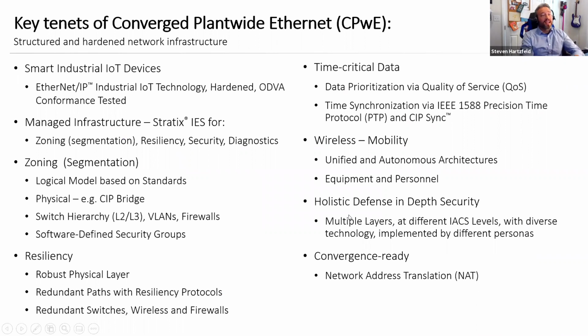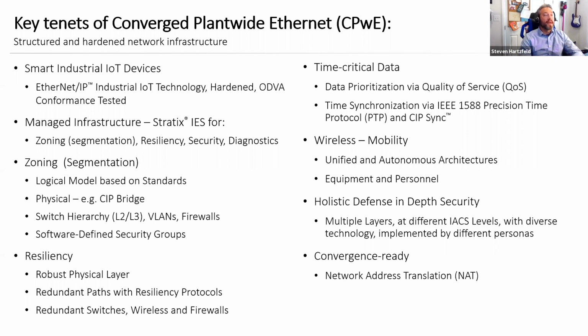So to circle back, the key tenets of CPwE and of any quality ICS network deployment: we're going to use smart IoT devices that enable EtherNet/IP, that are physically hardened and able to withstand the industrial environment, and that conform to industry standards.